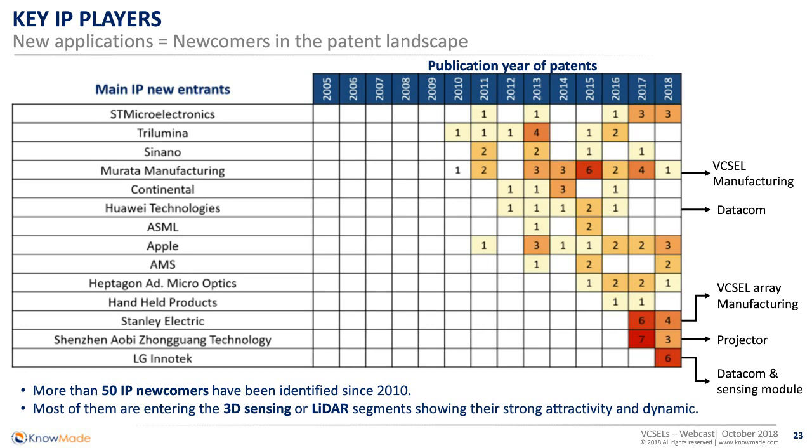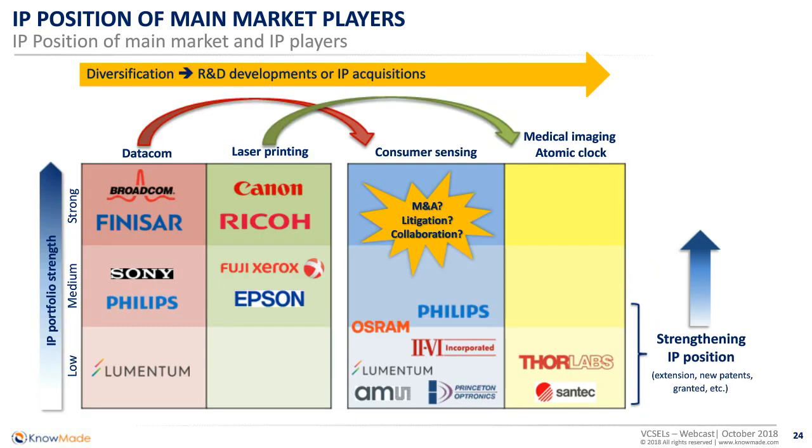So if I have to sum up my talk, in fact, we are really witnessing a change or a mutation of the IP landscape, and we have two main IP strategies that emerge.